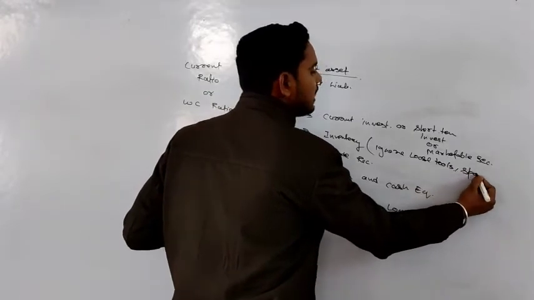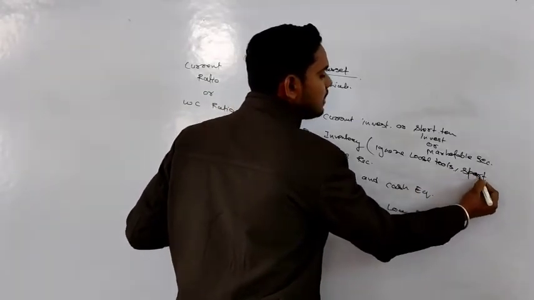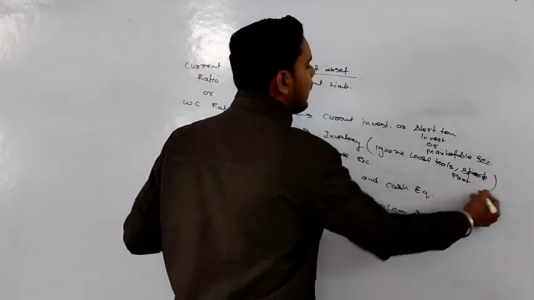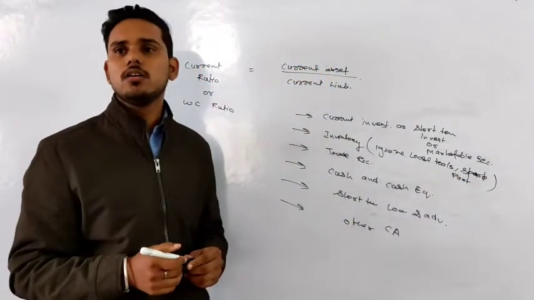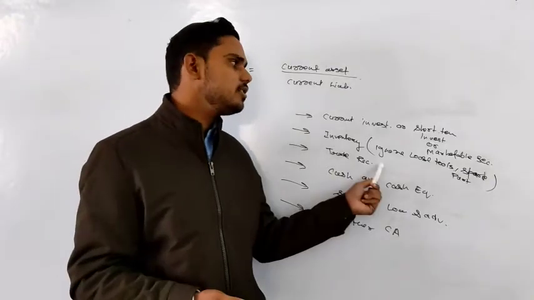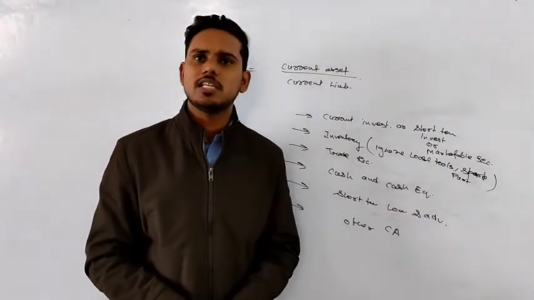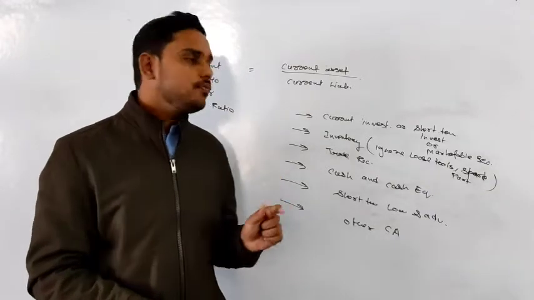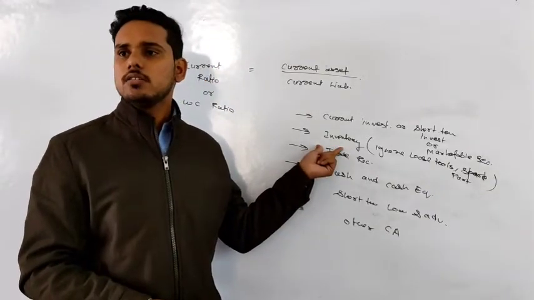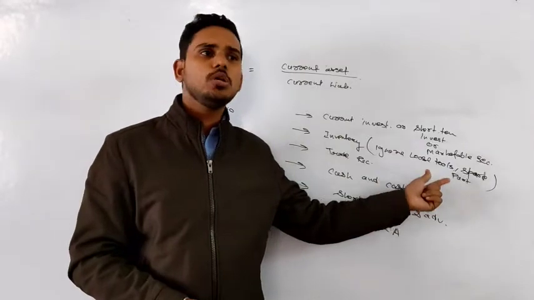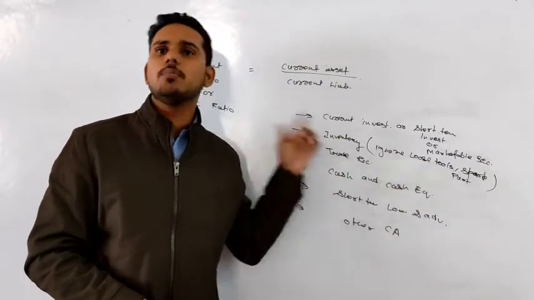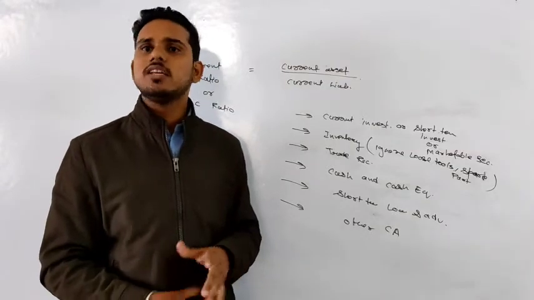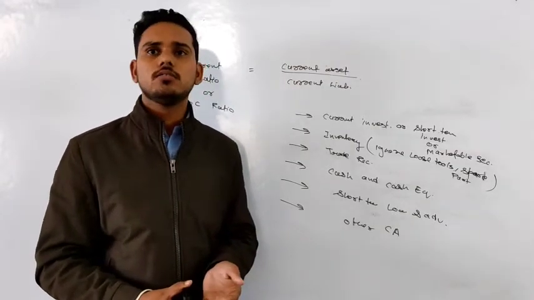That means alternatively we can say that we have to consider only the stock part, not the whole inventory. In inventory there is stock as well as loose tools, spare parts, lubricant, oil, etc. So you need to consider only stock. If inventory is given and these things are given, you need to firstly deduct these things from inventory. But if only stock is given, then there is no point in deducting.